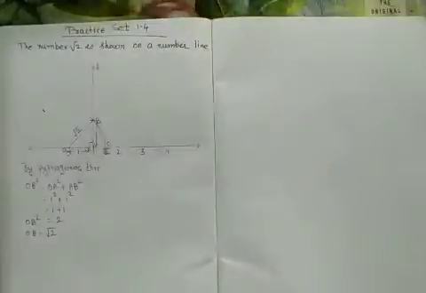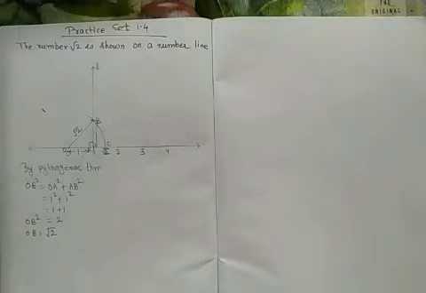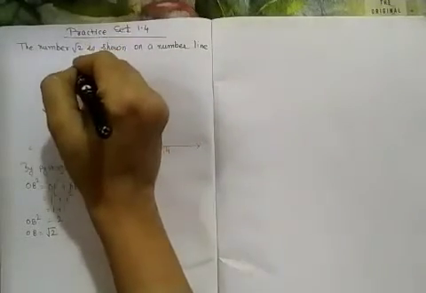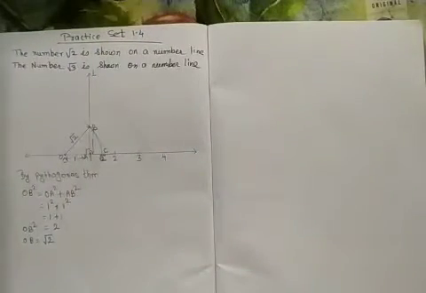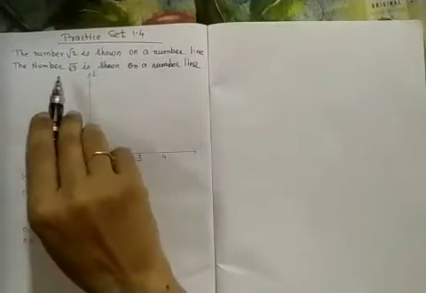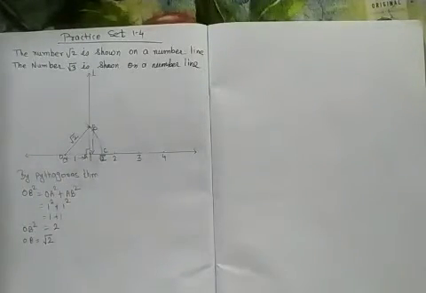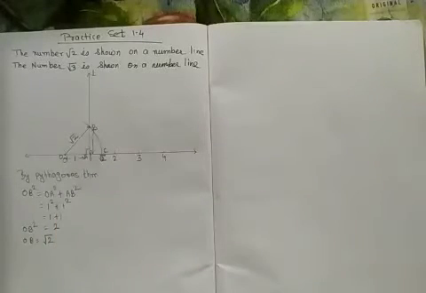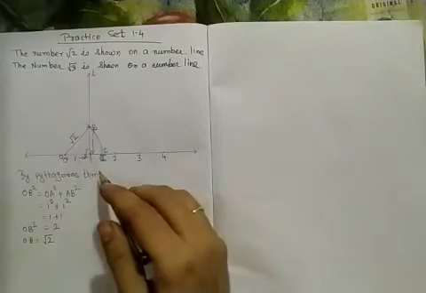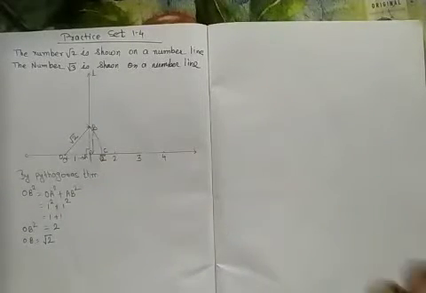Now we will move to the next, that is to show the number root 3 on a number line. See, this is the number root 3 on a number line. For this you have to construct till here. Means here you know the point root 2, and after that you will move to the next step.